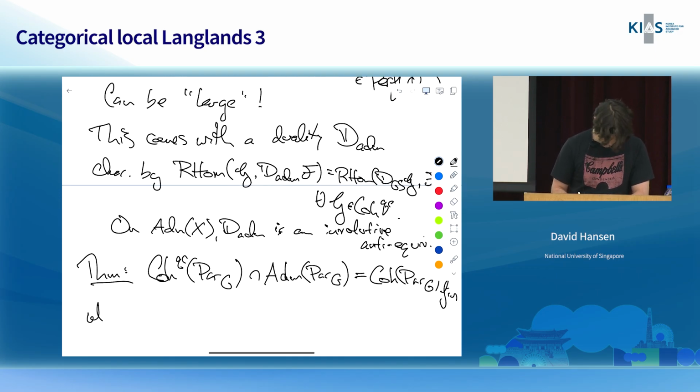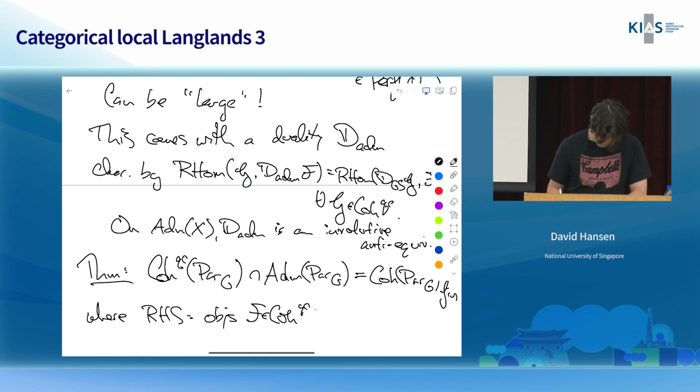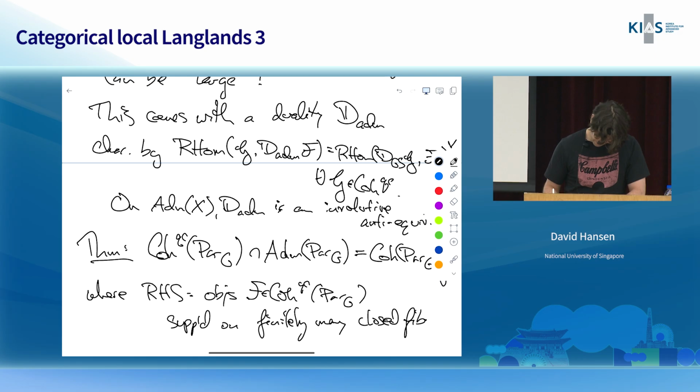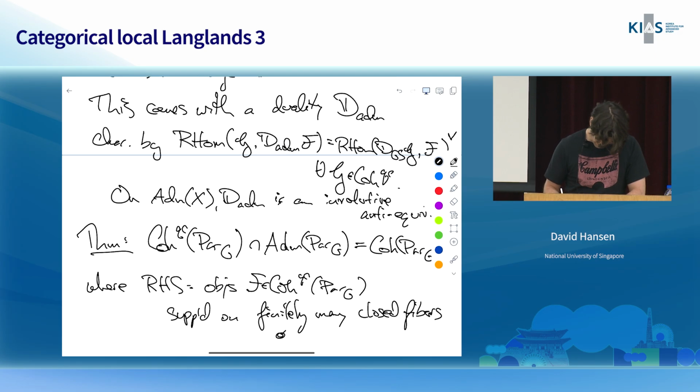So where the right-hand side is objects F in co-QC of Par G which are supported on finitely many closed fibers of this coarse moduli map from the parameter stack to its GIT quotient.